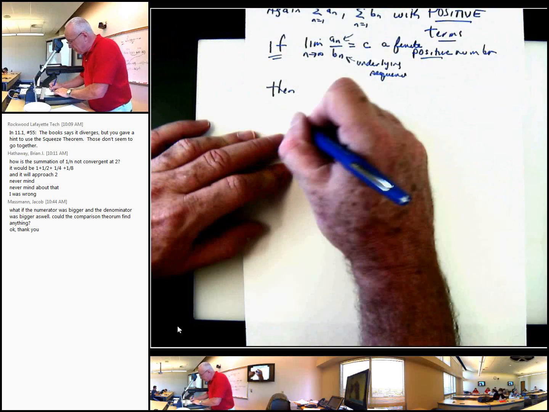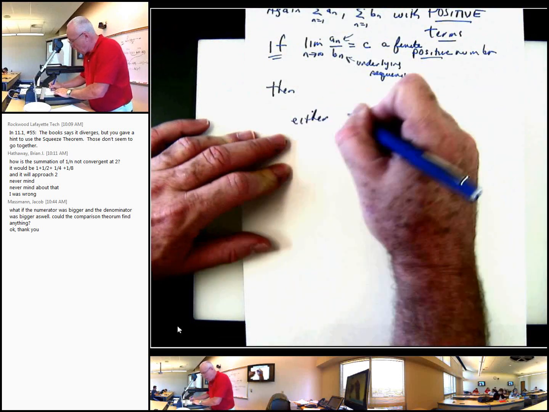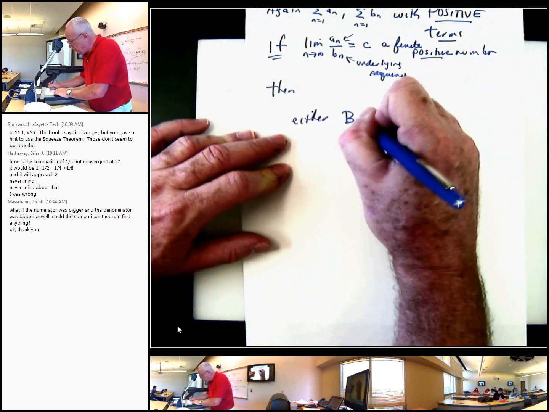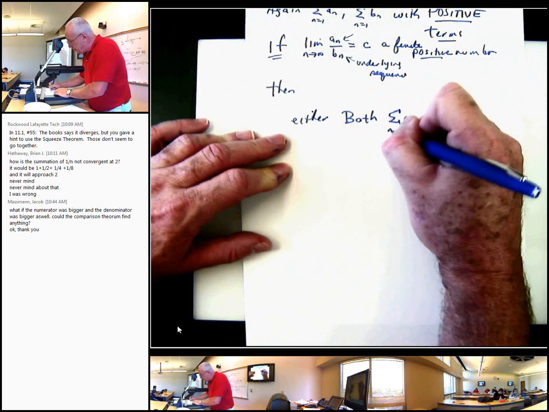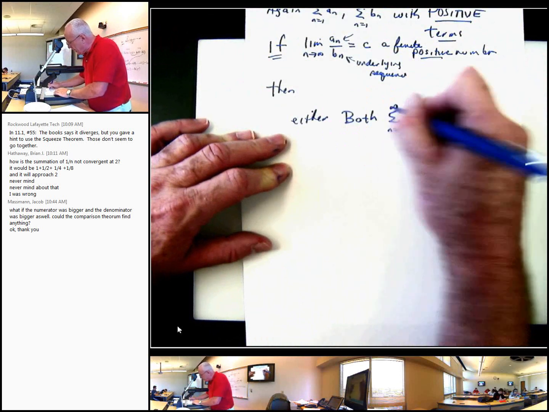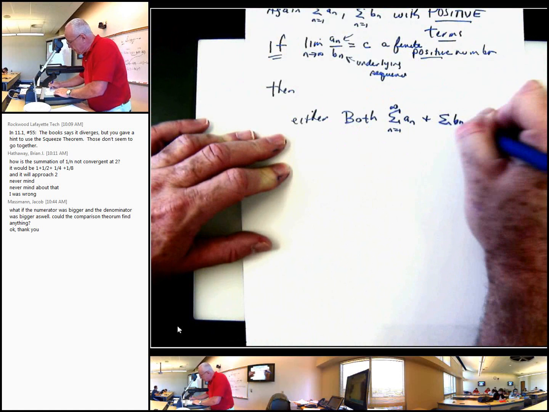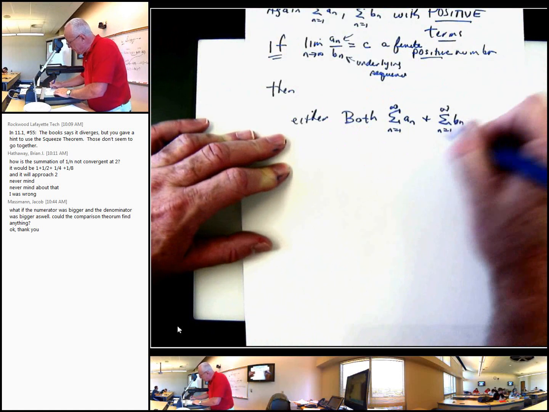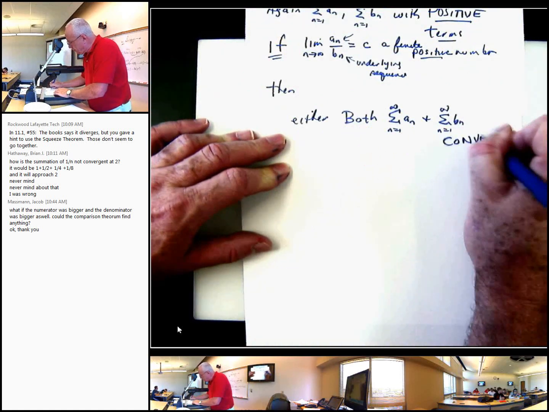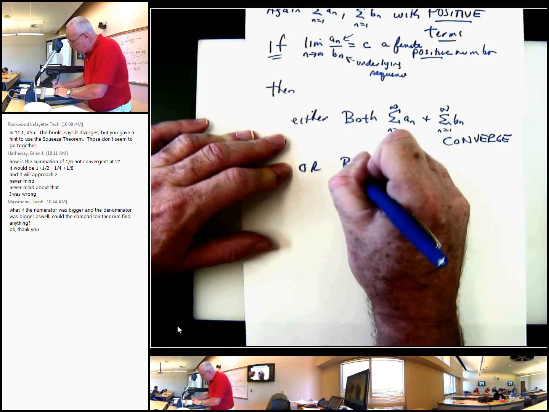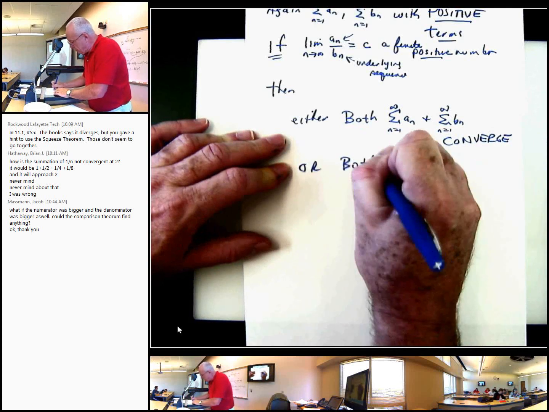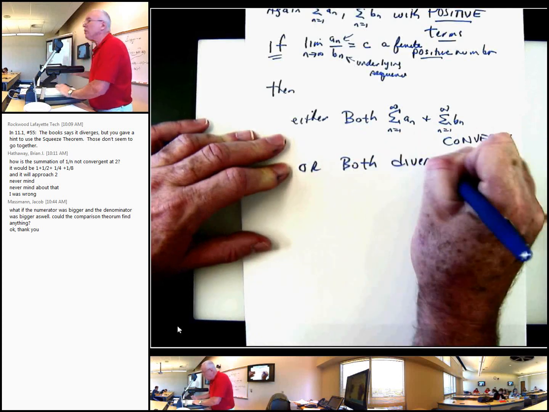Then, either both series converge, both the summation n equals 1 to infinity of a_n and the summation of b_n, either they both converge or they both diverge, one or the other.